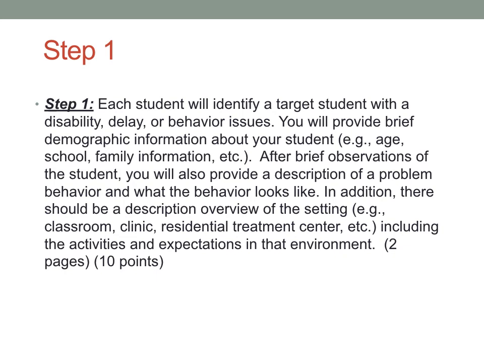You can just pick one problem behavior and provide the topography, meaning what the behavior looks like. Then you will talk about the setting, like classroom, clinic, residential treatment center, wherever you are, and the routine, such things. Just 2 pages, and it is worth 10 points.